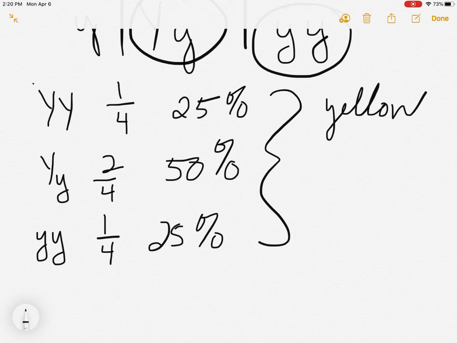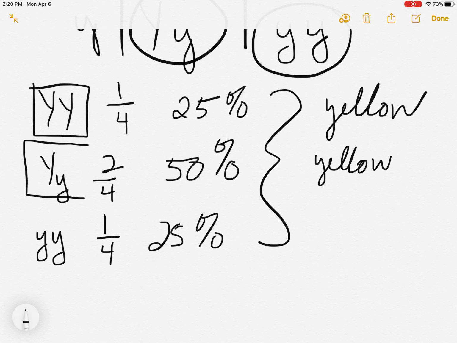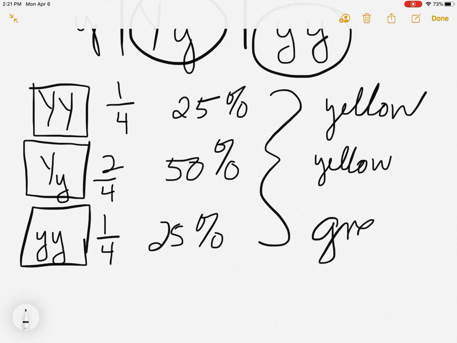That's its phenotype, because look, it carries both yellow alleles dominant. But the second one is also yellow because it carries one of the dominant yellow genes that hides the recessive one, and it makes the plant yellow. But the last one is not yellow at all. It's green. This is the first time we've been able to see a pea turn out green.